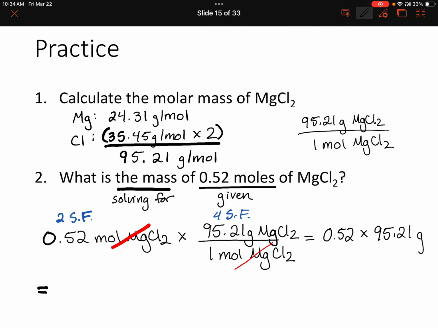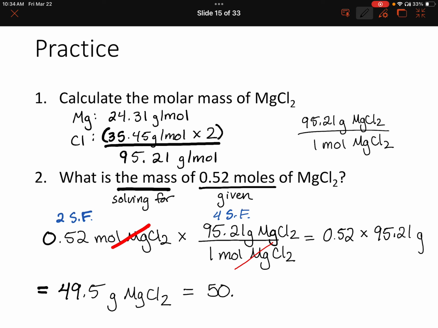So, for example, my calculator gave me 49.5 grams of magnesium chloride. But since we have to limit that to 2 sig figs, I'm going to round up to 50. And I'm going to put a decimal after the 0 to indicate that 0 is significant.